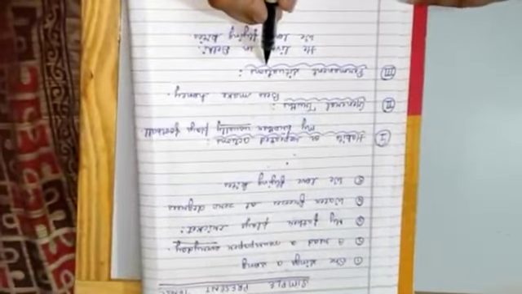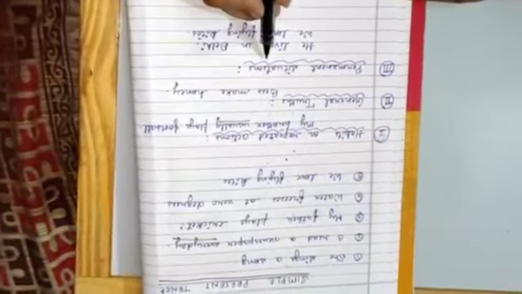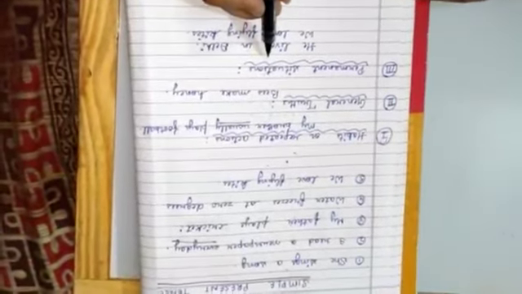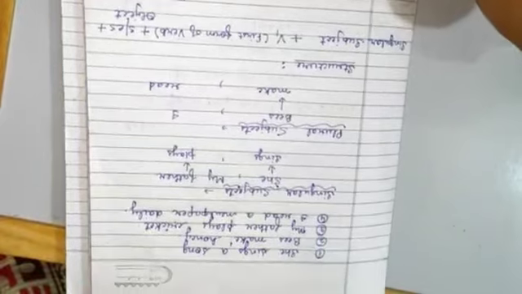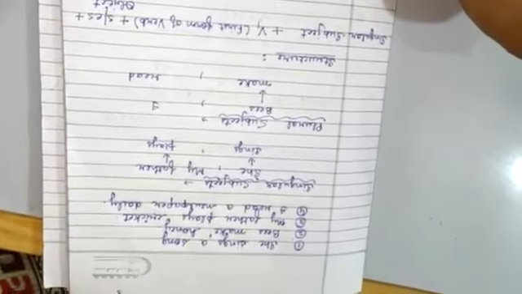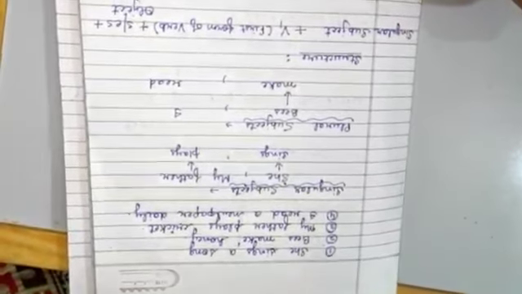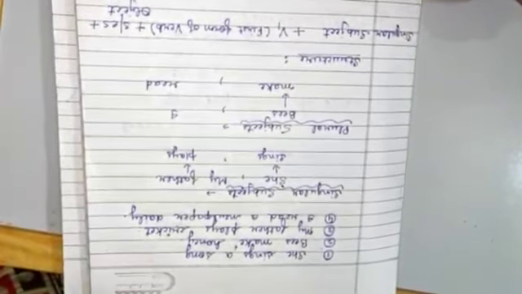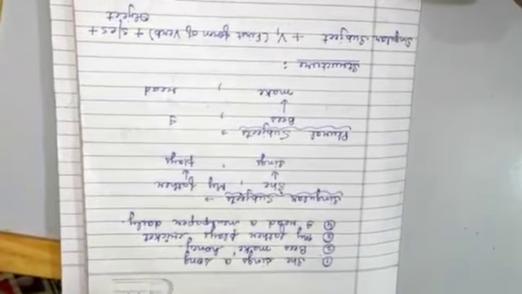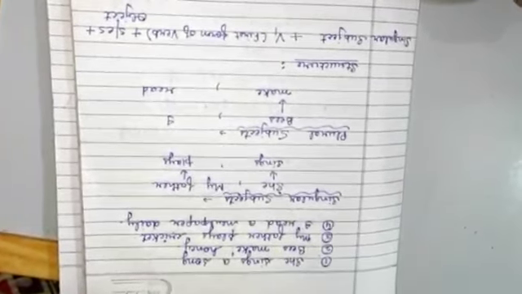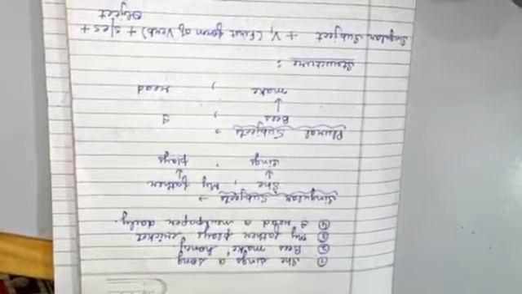So here in these three, we use simple present tense. Now, after its usage, let's see the structure of simple present tense. That how a sentence is formed in simple present tense.